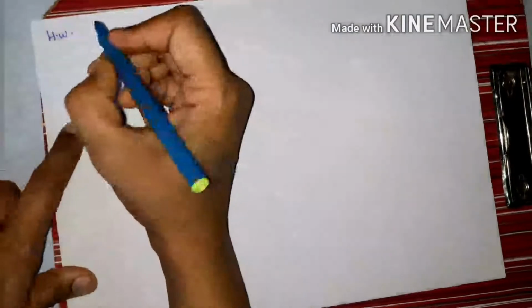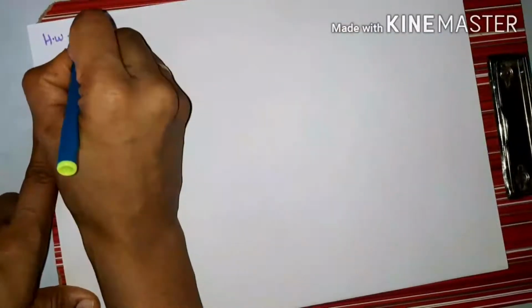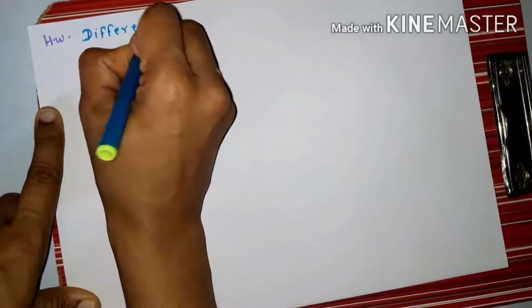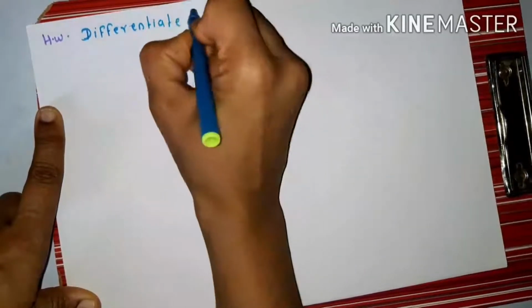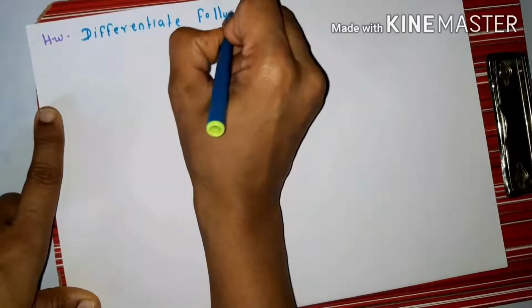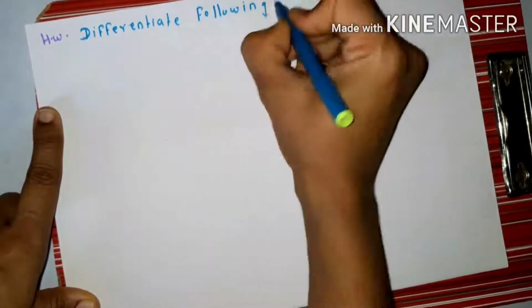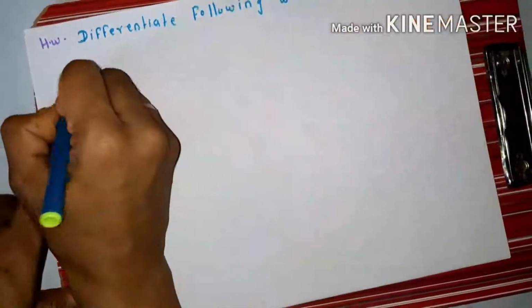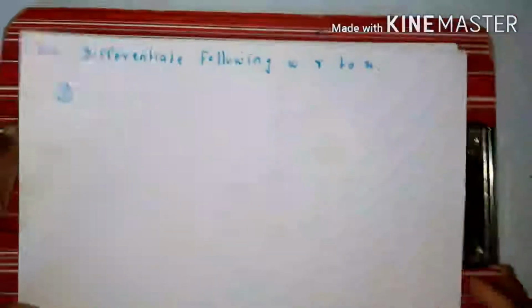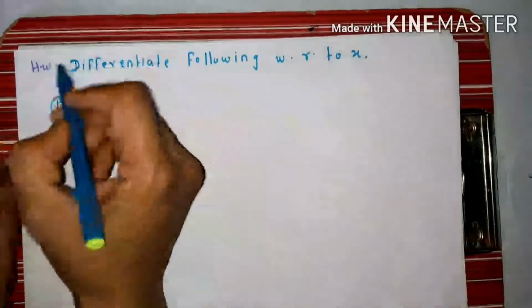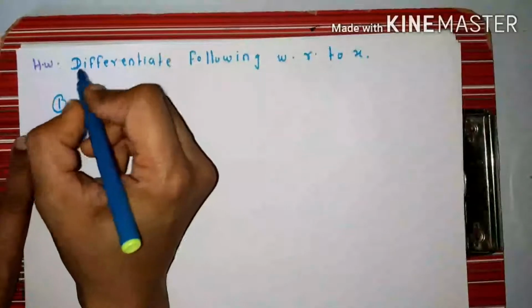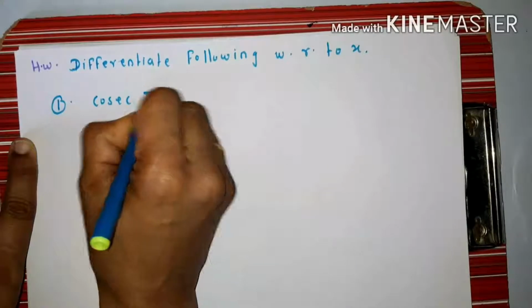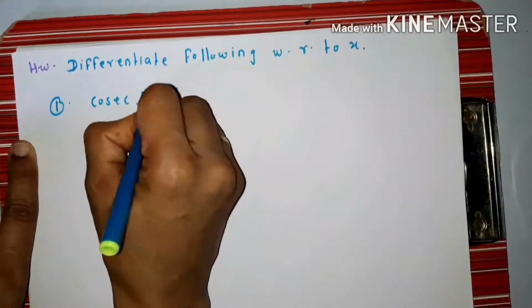Differentiate the following functions with respect to x. First one: cosec of root of cos x.